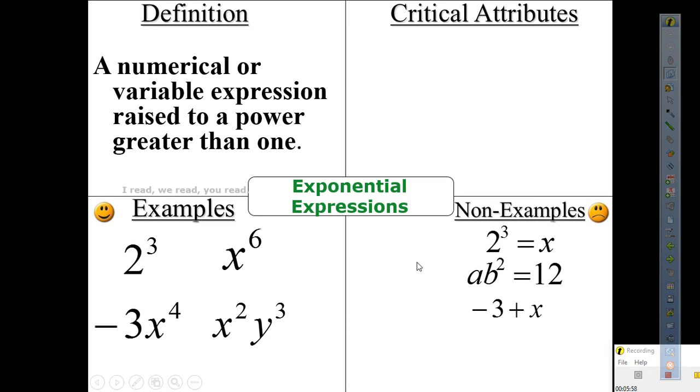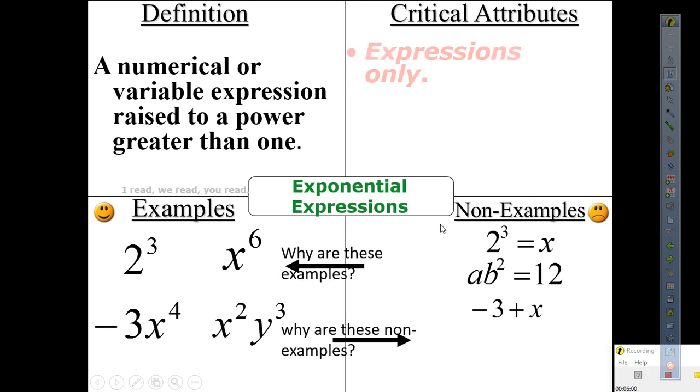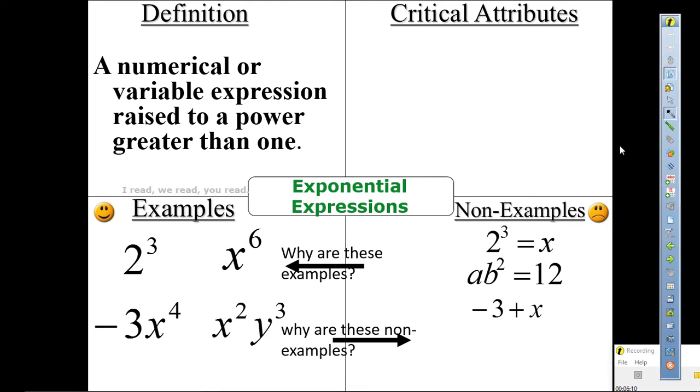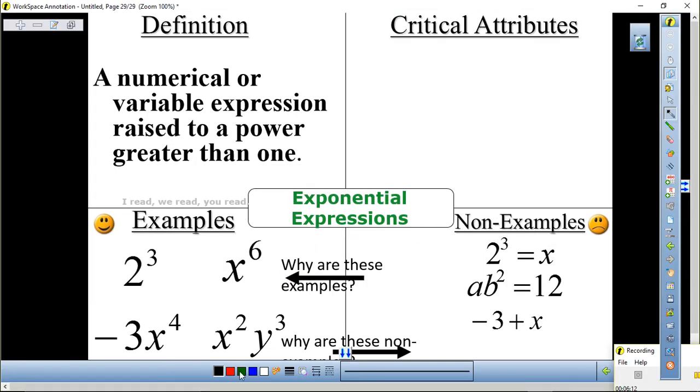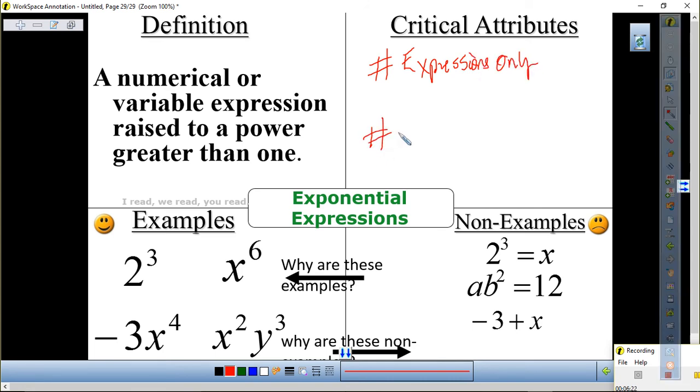So what is the most important thing to remember about exponential expressions? Hashtag what? Okay, hashtag expressions only. And hashtag, what is the second most important thing?